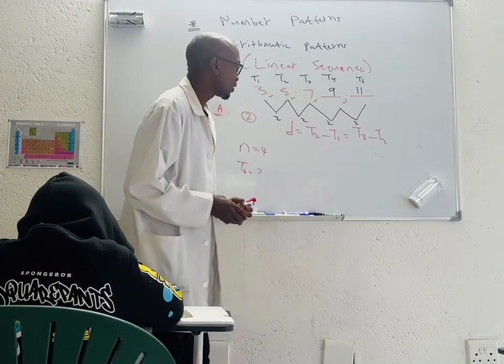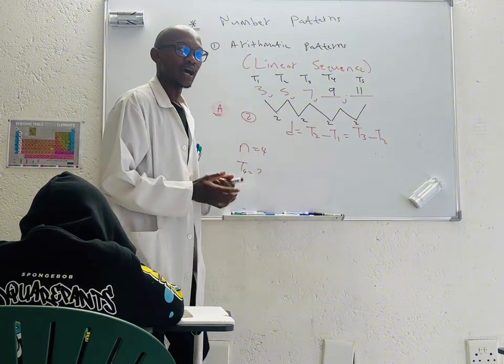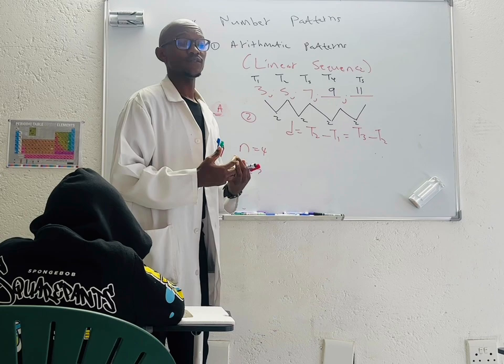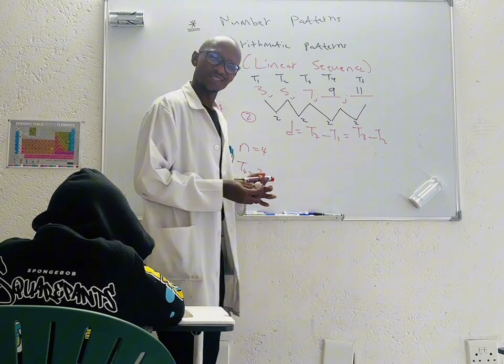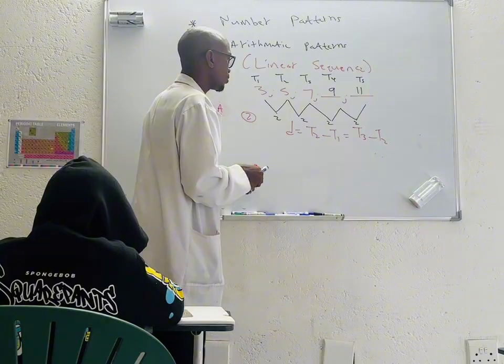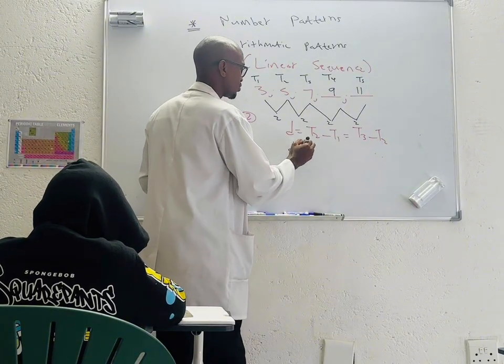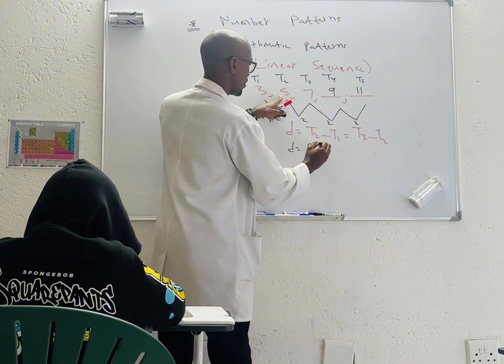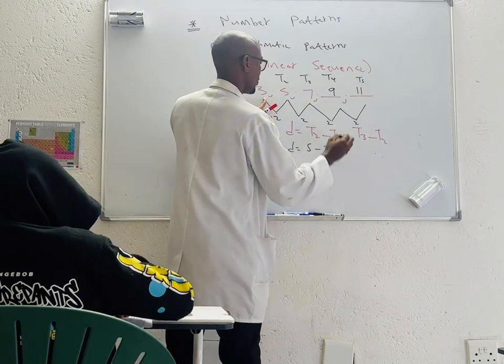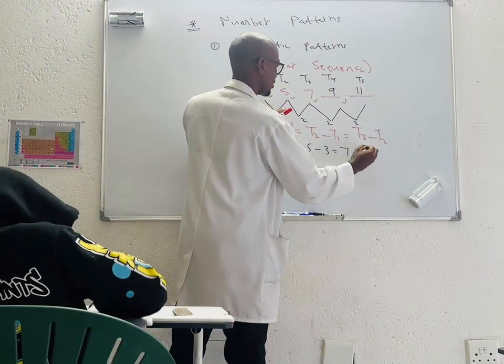Alright. So now on the second question, they're going to ask us to determine the nth term or the general term of the sequence, right? Can we do that? Yes. Okay. So remember d equals term 2, which is 5, minus term 1, which is 3; term 3, which is 7, minus term 2, which is 5.